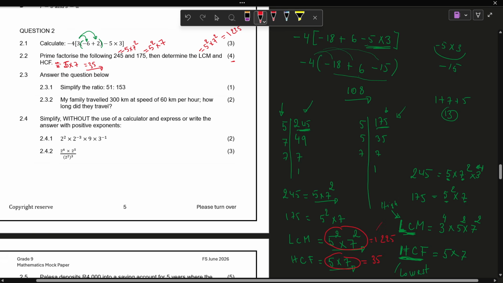So I hope it is well understood. Now let's move to 2.3. It says, answer the question below. Simplify the ratio. So we can also simplify this ratio. It's the same idea. If you want, you can just prime factorize both sides to understand what the common factors are, so that you know how to simplify them.